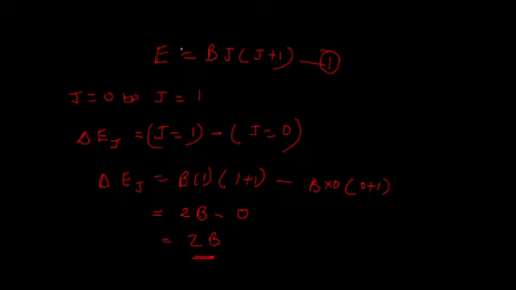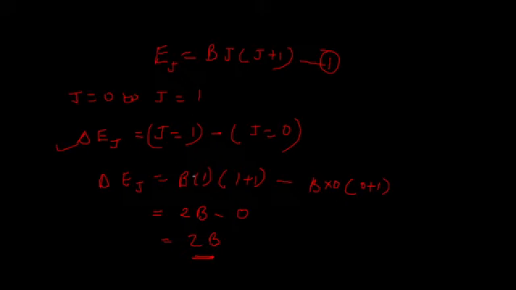Here the change in energy has the formula equal to BJ(J plus 1). If it goes to the first transition from J equal to 0 to J equal to 1, then we can find out the change in energy, which has the formula delta E equal to J equal to 1 minus J equal to 0, that is higher energy level to the lower energy state.